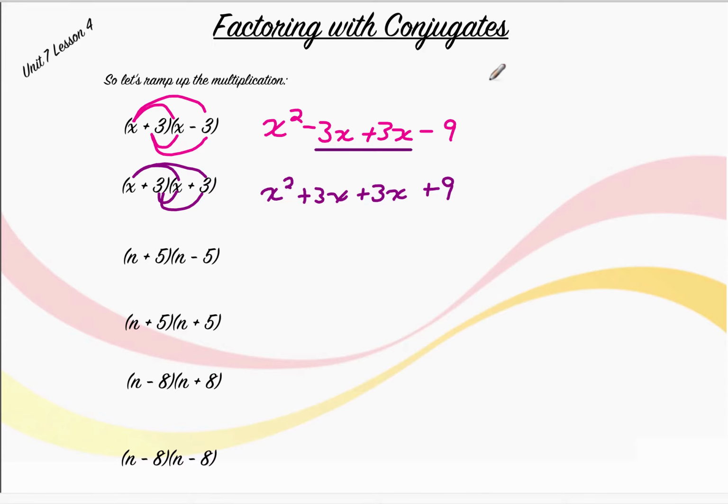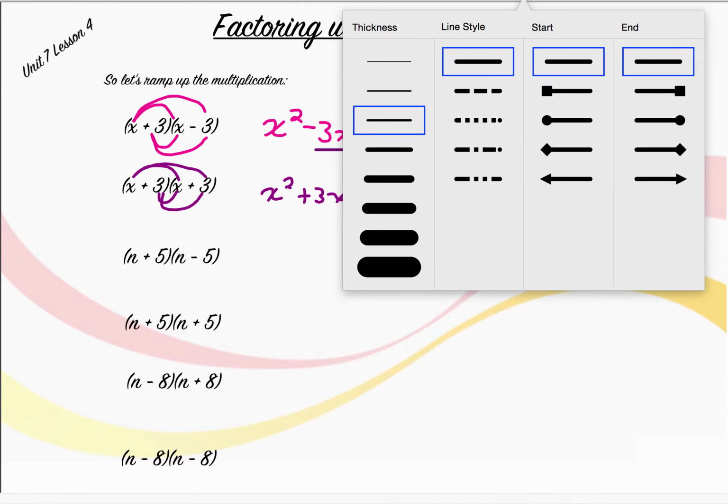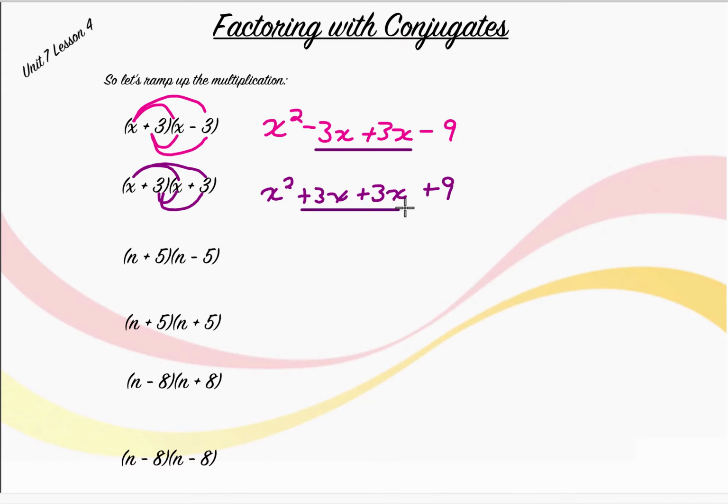Did you see something here? Did you notice the middle terms? Well, in one case, the middle terms canceled out, a -3 and a +3. Cancel those terms out, so I'm simply left with x squared minus 9. But in the second one, the middle terms didn't cancel out. In fact, they doubled, and I was left with x squared plus 6x plus 9.